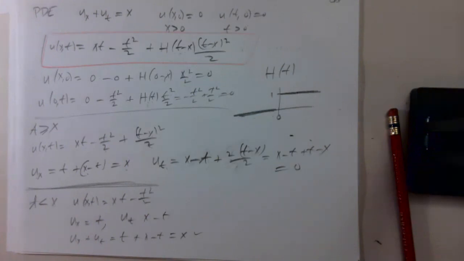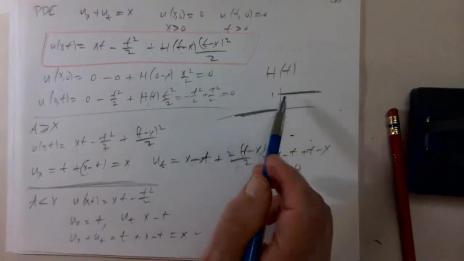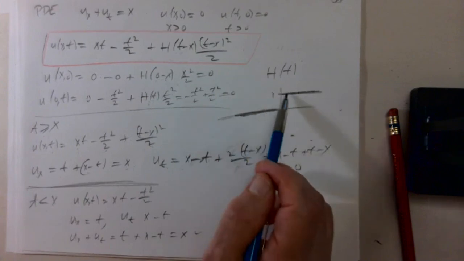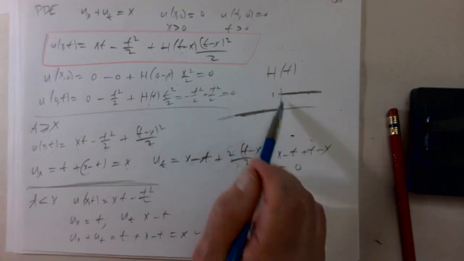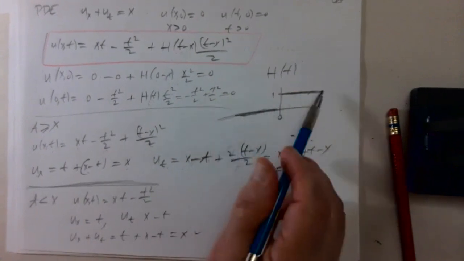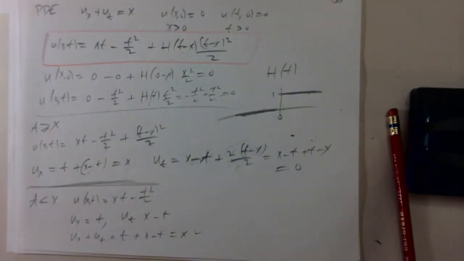They have jump discontinuities. This Heaviside function is continuous for t less than 0, is continuous for t greater than 0, but there's this jump discontinuity at t equals 0. But that's okay. You can integrate a function with jump discontinuities without any problem.